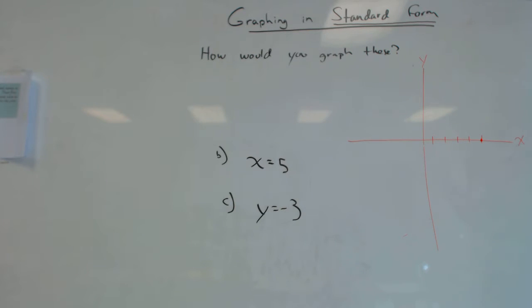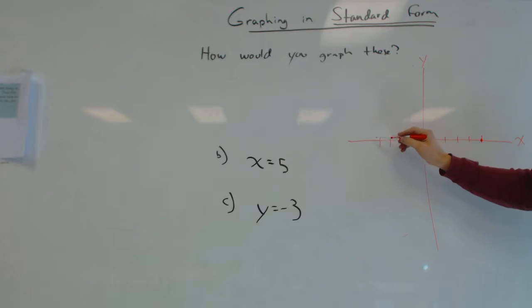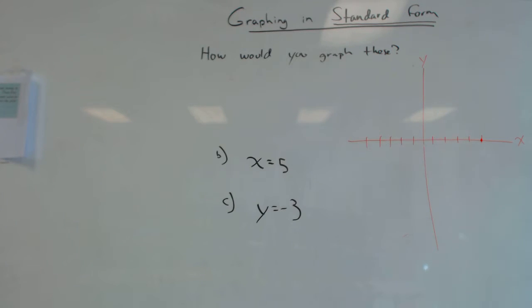Is that the only place that x is 5? No. Where else is x 5? On the other side, x would be what though? Negative 5. Okay. On the y-axis, is x 5 up here? No. What is x right here? X is 0, right?